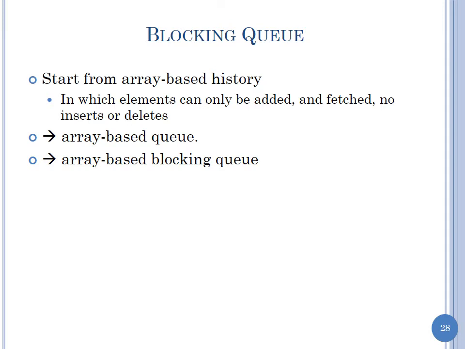A history is just a collection of items where you can only add items to it. We'll start with my solution in CS1, and then evolve it to a blocking queue. So we'll go first to just a non-blocking queue, and then to a blocking queue. So three steps.